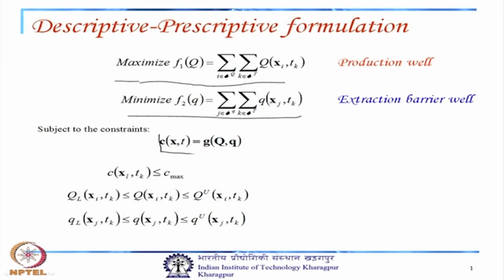And this is subject to this externally linked simulation model for C. We can directly get it from this external g function, which is not exactly a proper expression, but it is some kind of linked thing. And this is the concentration related constraint, that it should not be greater than any specified concentration limit. These are the limits for our production well and barrier well.